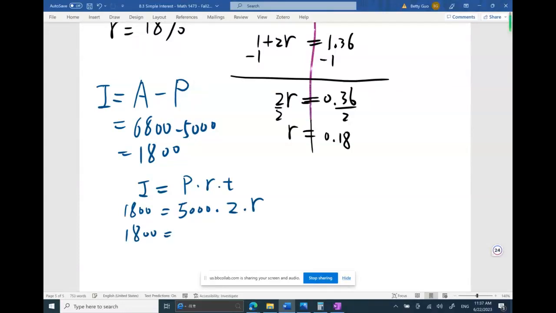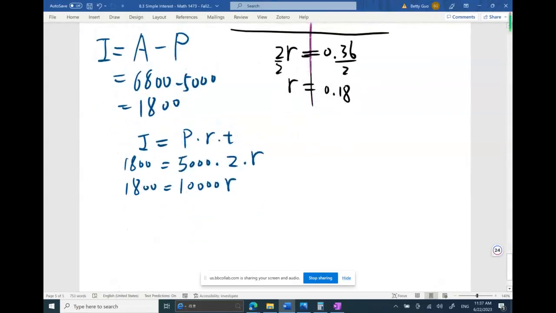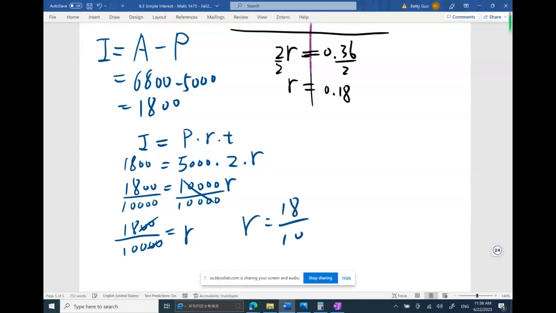So we have 1,800 equals 5,000 times 2, that is 10,000 times R. Divide each side by 10,000, and we have R equals 1,800 over 10,000. You get rid of 2 zeros on each side, then R equals 18 over 100. Remember, what does percent mean? Percent means divided by 100, right? So 18 divided by 100 is 18%. You got the same value.